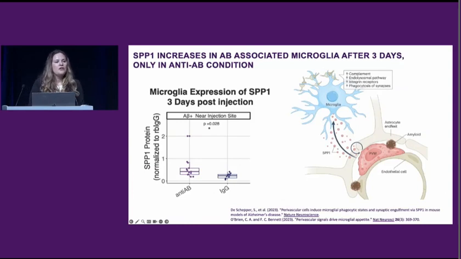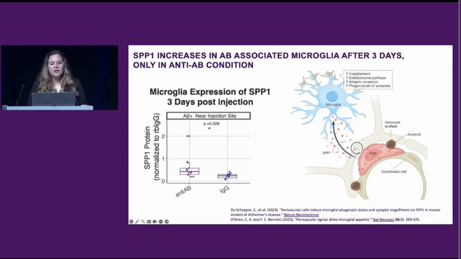While we saw no differences at 24 hours in protein expression of microglia that were near A beta and close to our anti-A beta injection site, we saw that after 3 days there was an increase in SPP1, or osteopontin, protein expression in these microglia.